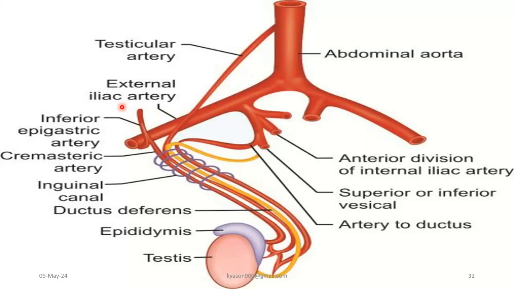The spermatic cord. So the artery to the vas deferens, you can see it there, being given off by the inferior vesical, sometimes the superior vesical, but all in all, it's going to enter your spermatic what? Your spermatic cord to supply blood to the sperm duct or to the ductus deferens. Okay.